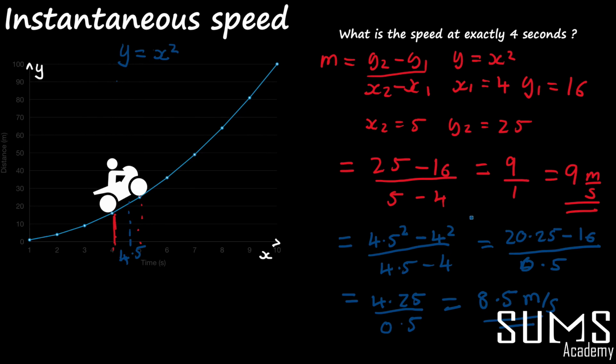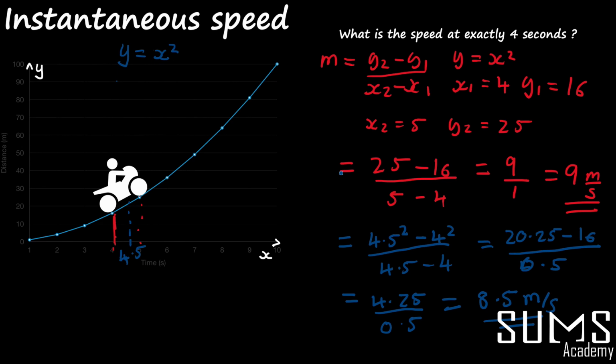So you can see that when we've decreased the distance between these 2 points from 1 to 0.5, our gradient, or our speed, has gotten smaller. So it's got more accurate, because 4.5 is closer to the time we're looking at, 4 seconds.